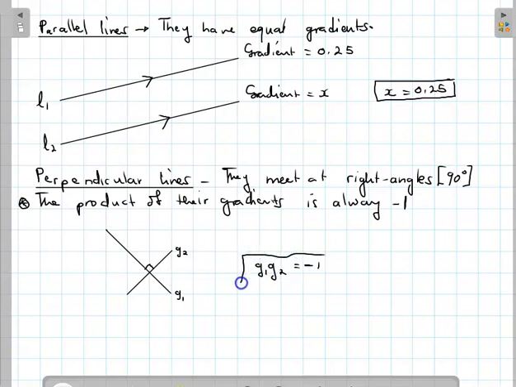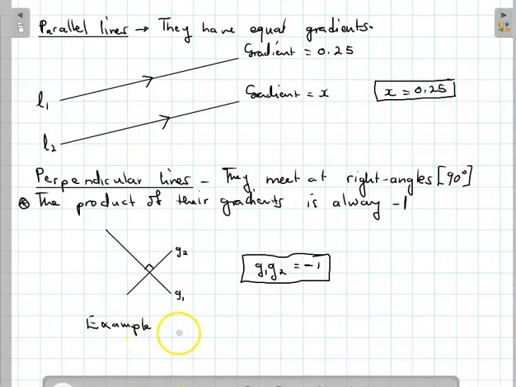So that's all that you need to know about gradients of straight lines. That's it. So parallel lines, their gradients are equal. Perpendicular lines, their gradients give you -1. So, for example, let me draw another set of lines.